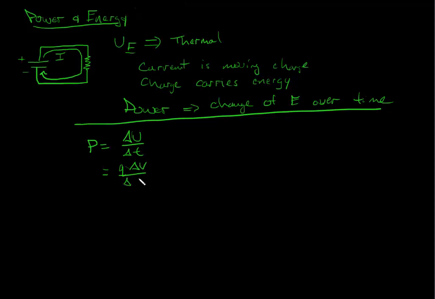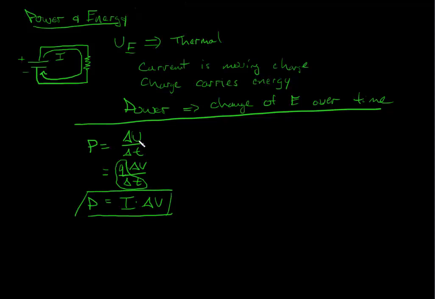And so we have that over delta T. But this piece right here, Q over delta T, is equal to current. That's the amount of charge over time. So we end up getting this nice simple equation: power is the current times the potential difference.